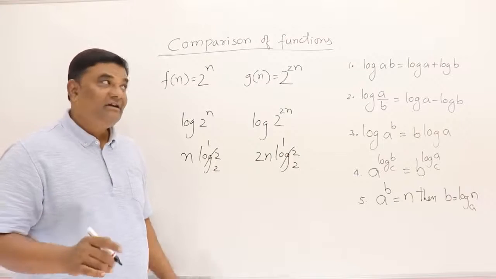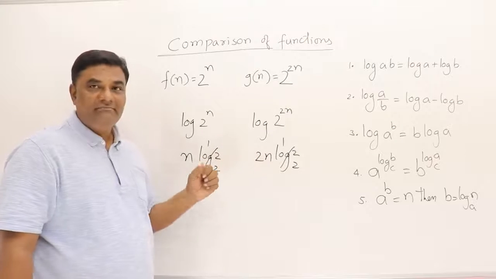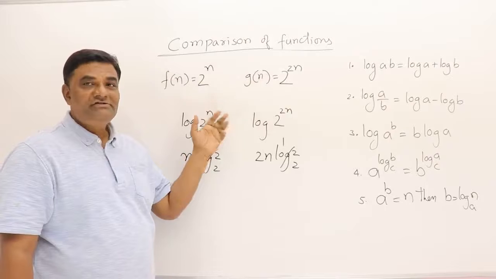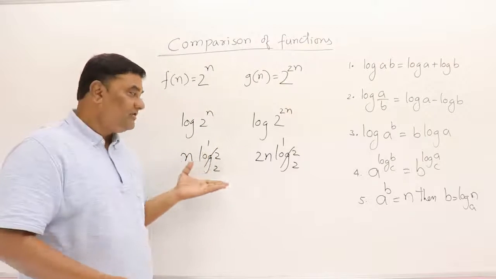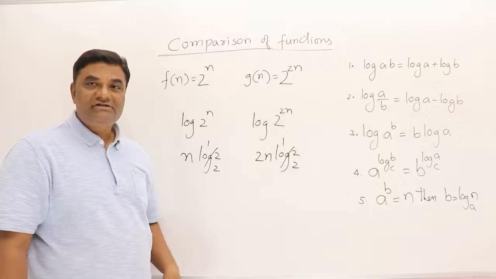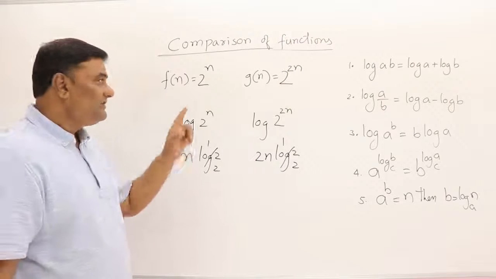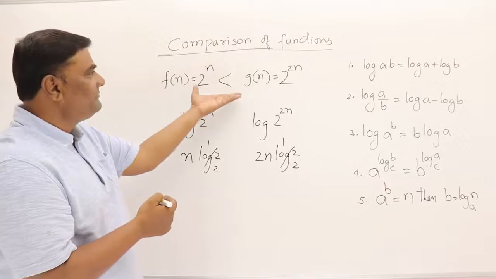We have applied log, then we are comparing them. Now I cannot say ignore that too. Directly in the functions you can do that. Now for comparison purpose we already applied log, so you cannot strike away the coefficient. So this is 2n, that is greater, and this is smaller. So yes, this function is smaller, that function is greater. You can clearly see from here only.